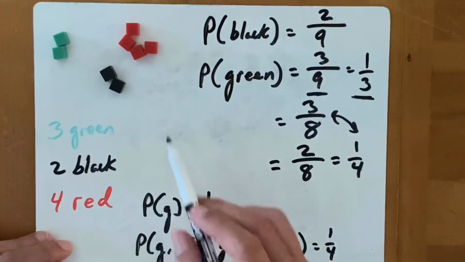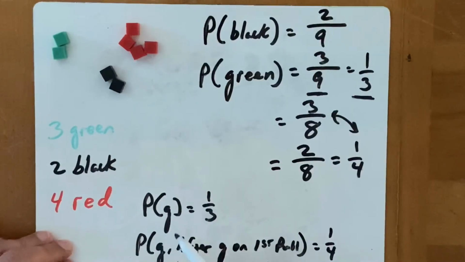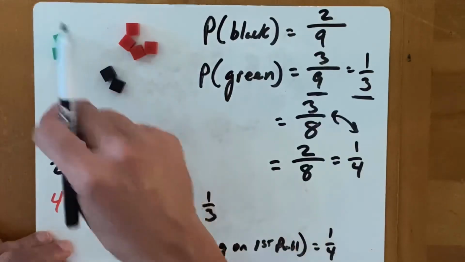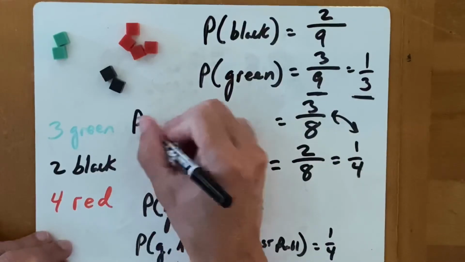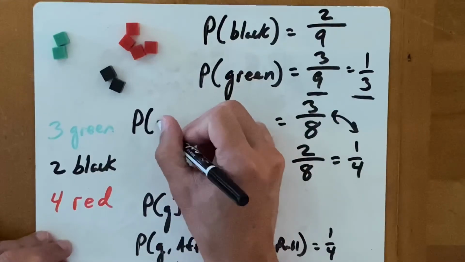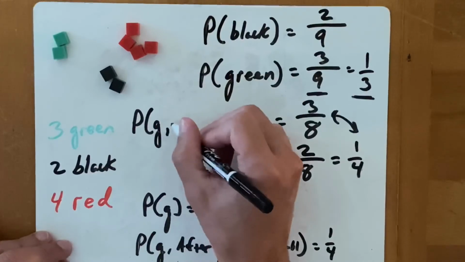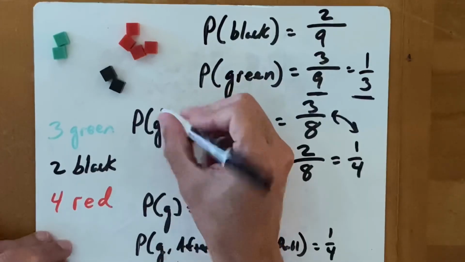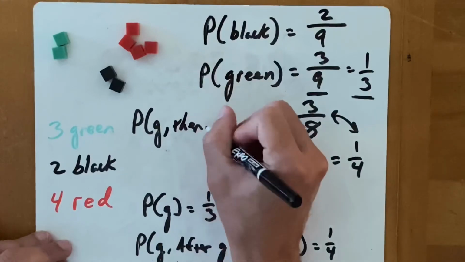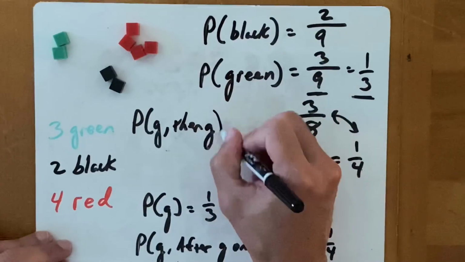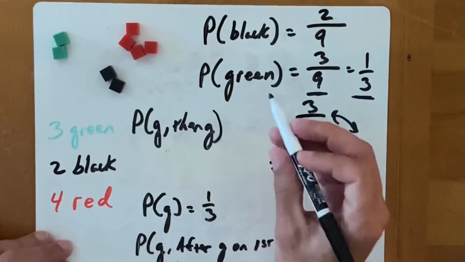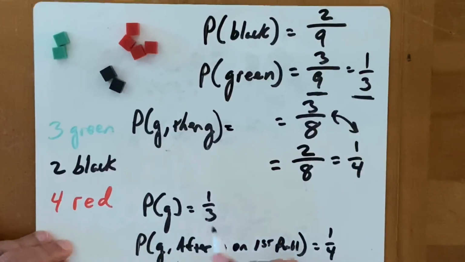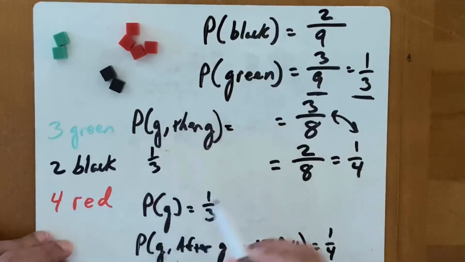Well, we're going to take the individual probabilities again and multiply them together, because we want them to happen in succession. So I'm going to say probability of a green, then another green. I'm just using G to save space. So the probability of pulling a green and then a green again is going to be my probabilities multiplied together. The probability of pulling a green on the first one was 1/3.